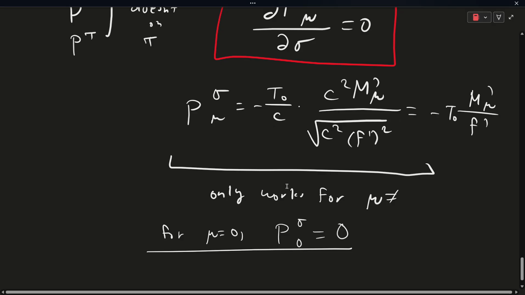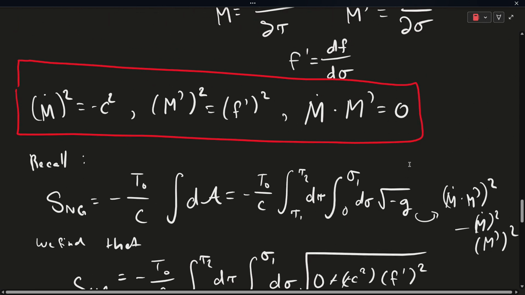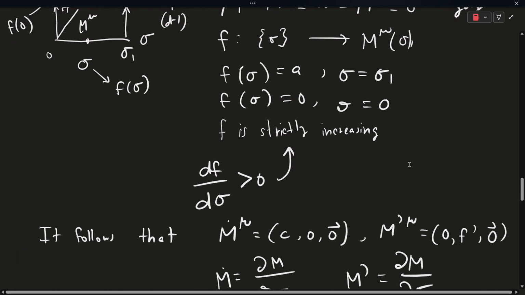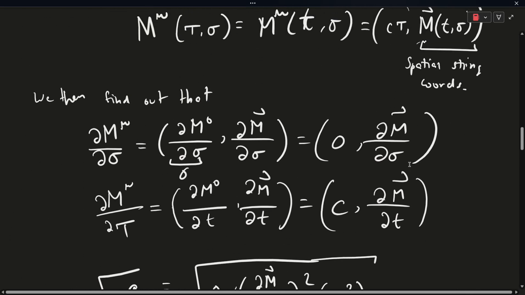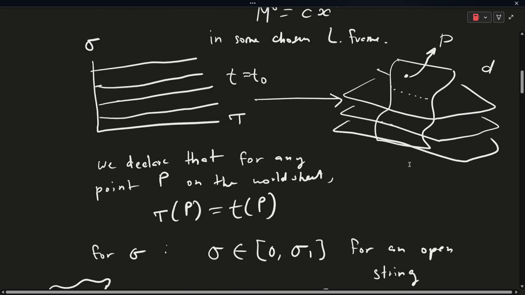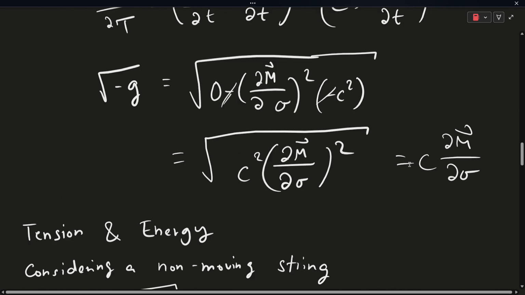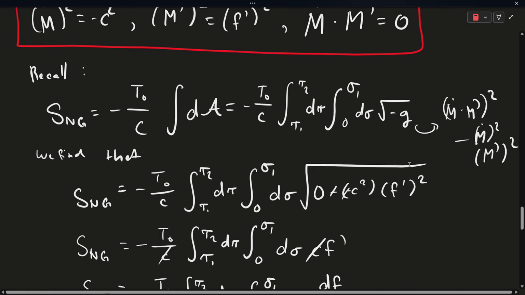Okay, so that's really it when it comes to the energies and the potential energy and the Lagrangian or tension of my stretched string. Again, I had to discuss the static gauge in the beginning because it really helped a lot with the computation in the following discussion, because it eliminated that negative inside the square root essentially.